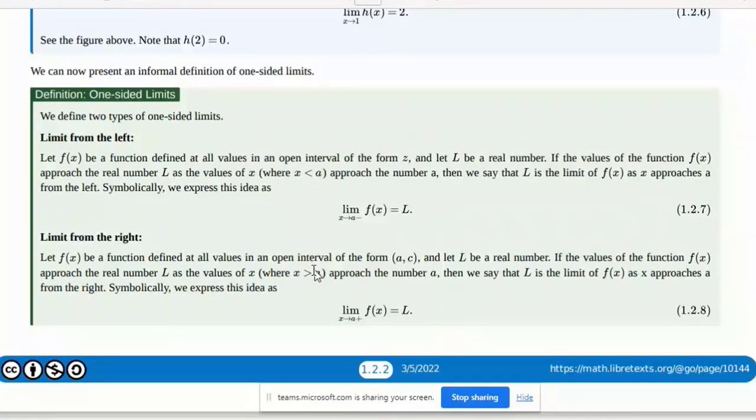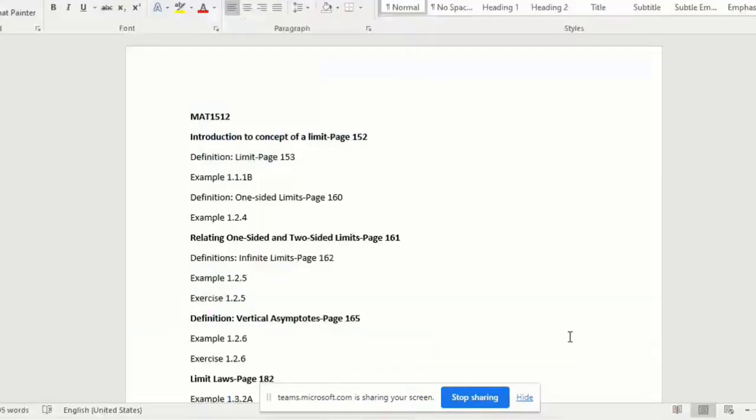If the values of the function f of x approach the real number L as the values of x approach the number a, then we say that L is the limit of f of x as x approaches a from the right, symbolically the limit of f of x as x approaches a from the right equals L. Any question about this definition? Let's look at example 1.24.